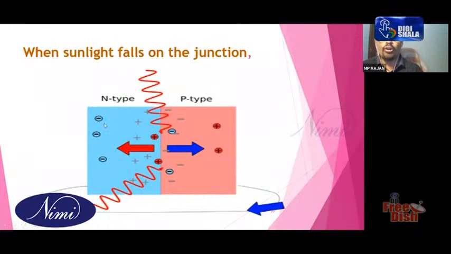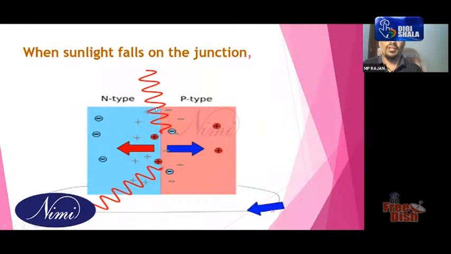So there is a flow of electrons towards the N-type. Here the number of electrons will increase. Here the number of holes will increase. That means electrons are reaching this side, holes are reaching here. It is just becoming like a battery, having negative potential here and positive potential here.